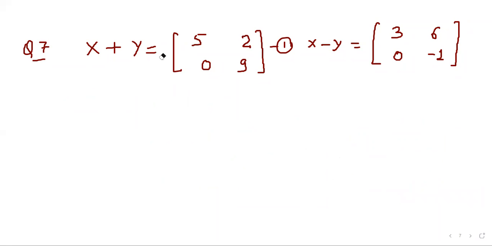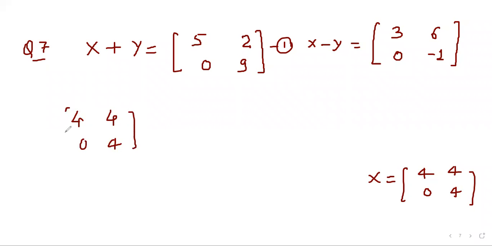So here we have got the value of x as 4, 1, 3, 4 plus y equals 5, 2, 0, 9.